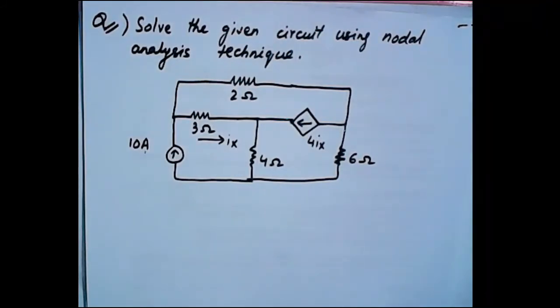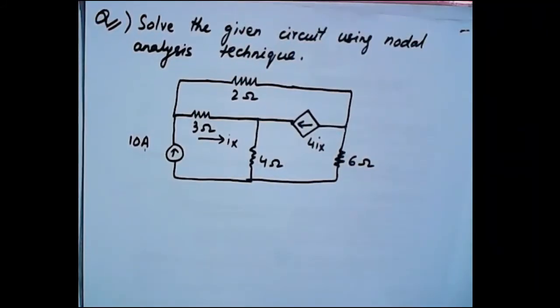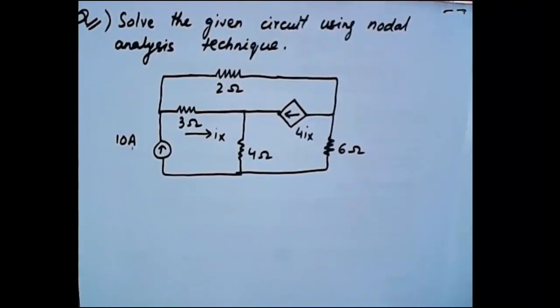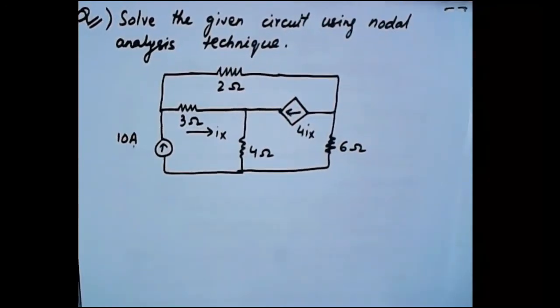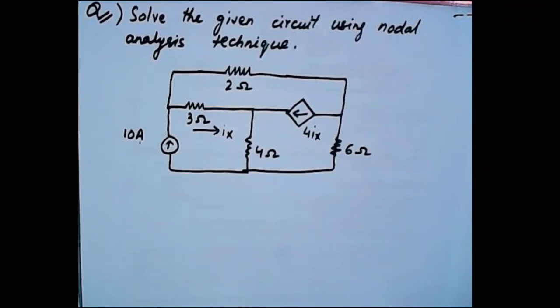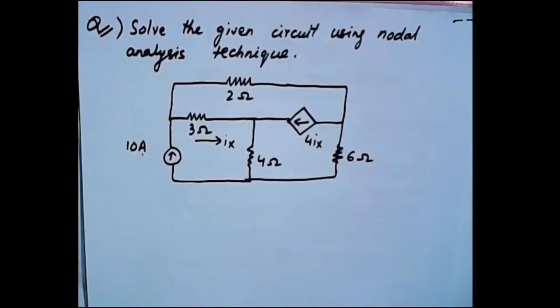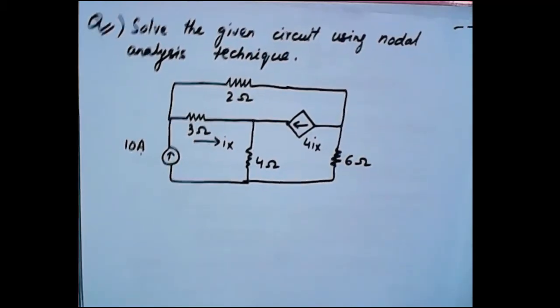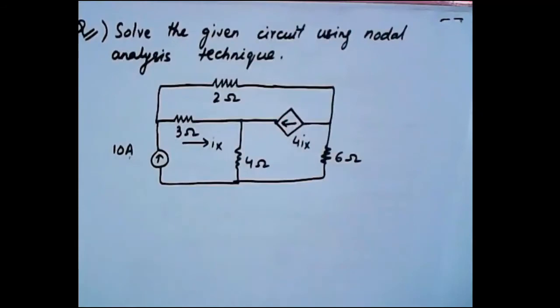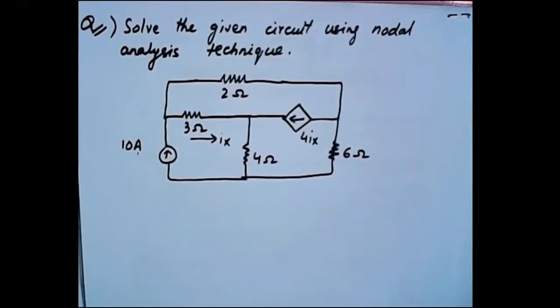Now in this particular question, you will notice one thing different as compared to the other questions that we have solved. Now we have a current source with a rhombus sign. Here you can see, right? And if you recall the very first lecture, just wait a minute, let me adjust the paper in the frame.